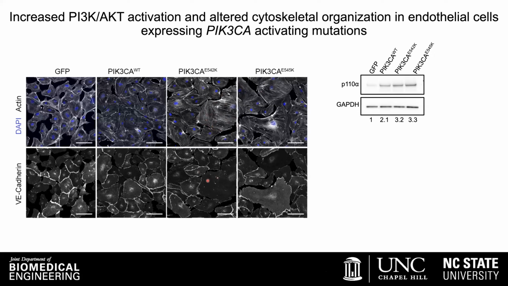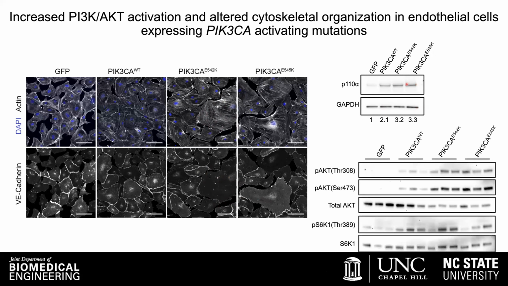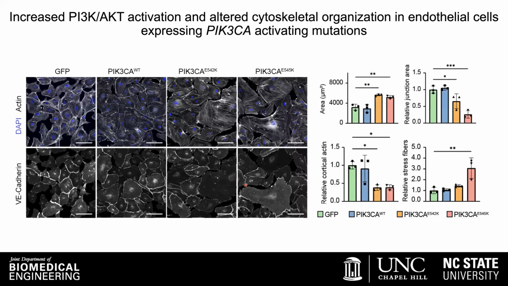The cells are also generally larger, and there's downregulation of cell-cell adherence junctions as shown by a VE-cadherin immunostain. We also see upregulation of various signals associated with PI3K signaling, suggesting that indeed in these cells that we've engineered to overexpress these activating mutations, there is an overactivation of PI3K via PIK3CA.